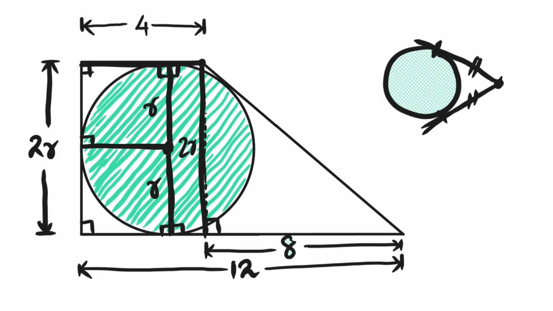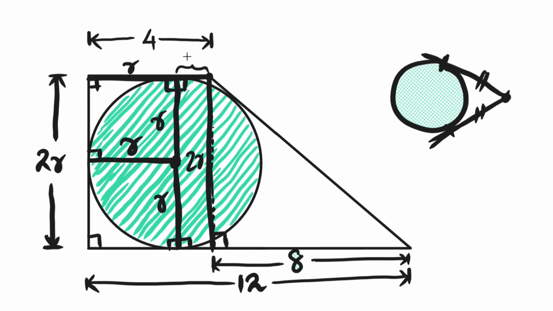First, consider the top right corner. The top horizontal side has a total length of 4. The circle has radius r, so the point where the circle touches the top side is r units away from the left side. That means the remaining piece of the top side from the circle's touching point to the top right corner has length 4 minus r.